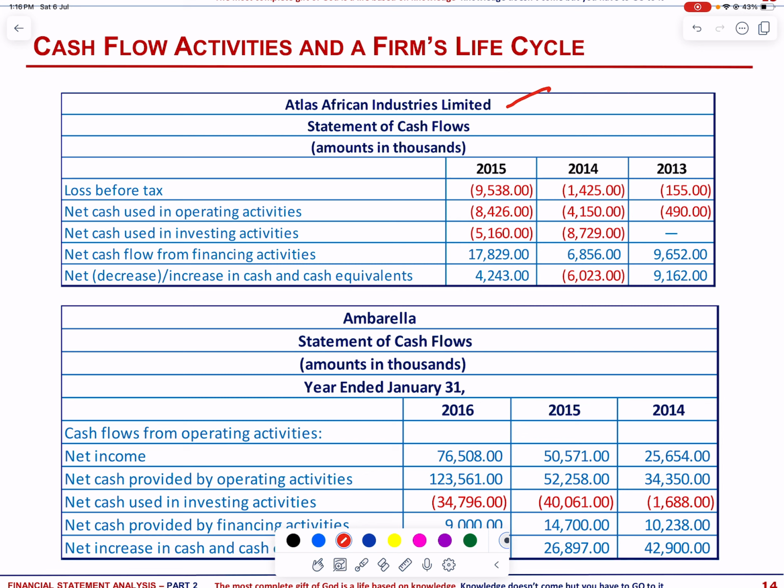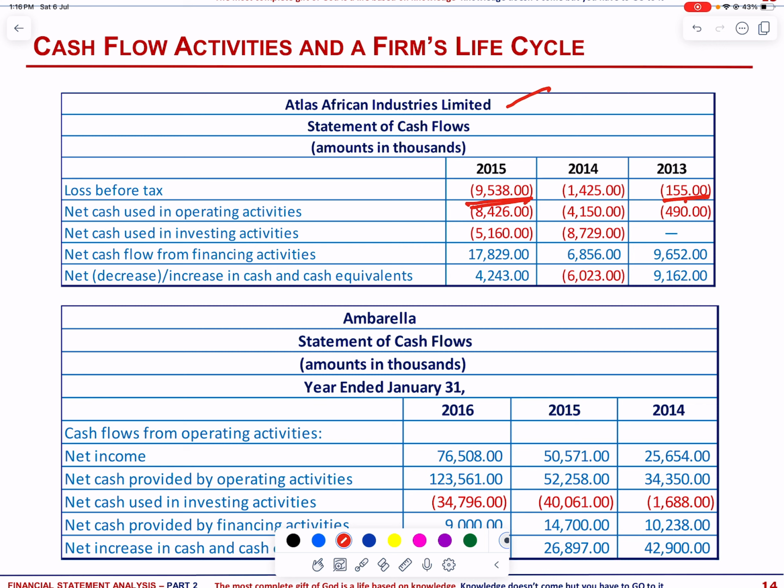Currently, Atlas African Industries is focusing on investing in Africa's industrial projects and expanding into consumer products such as glass bottle manufacturing for the Ethiopian beverage industry. As a startup, the company's financial profile shows, as can be seen, that the company has experienced increased losses annually from 155 million in the year 2013 to 9.5 million in the year 2015.